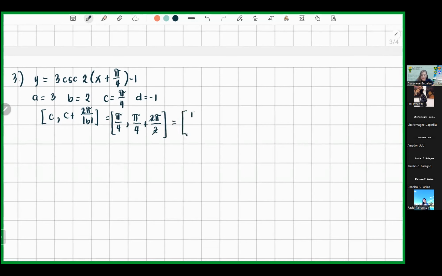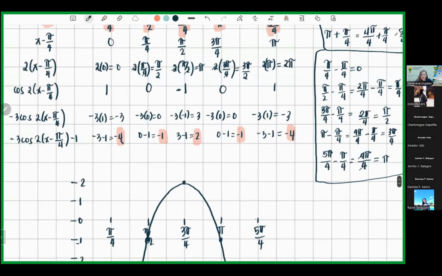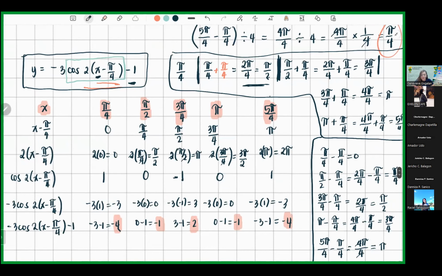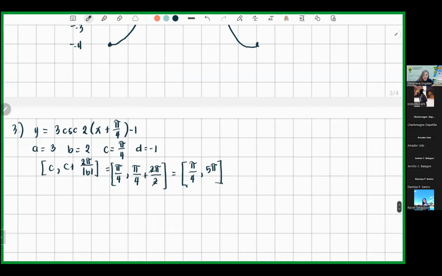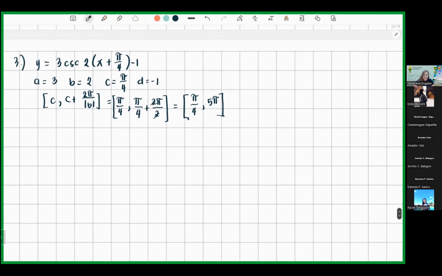Pi over 4 o 5 pi over 4. So, ibahin na nato ang kaupat. The same ra gihapon. Pareha ra man na ani, pi over 4 o 5 pi over 4. Ana, no? So, you have value sa tong x.